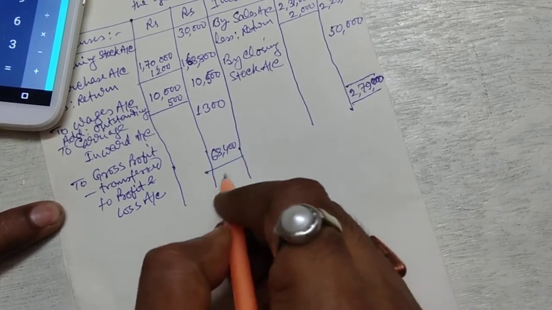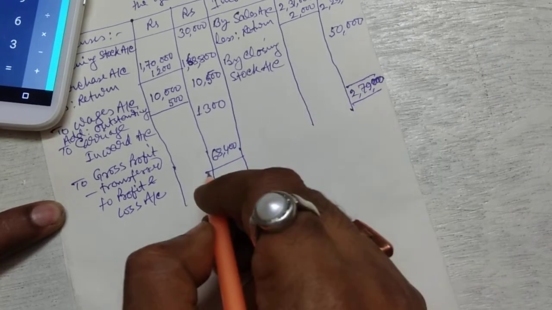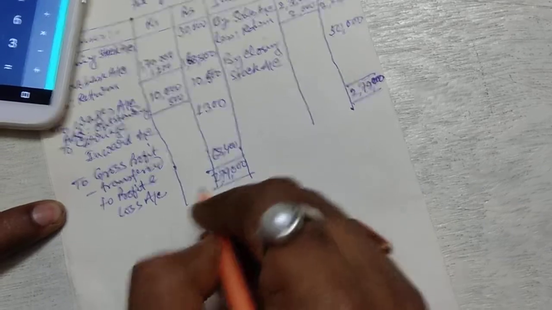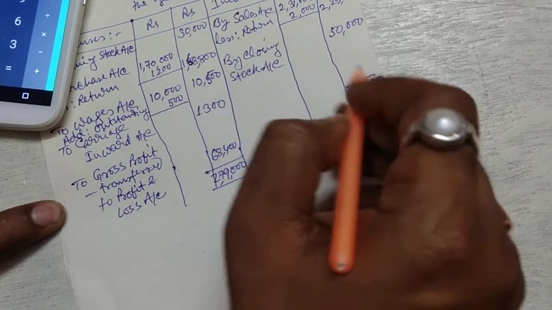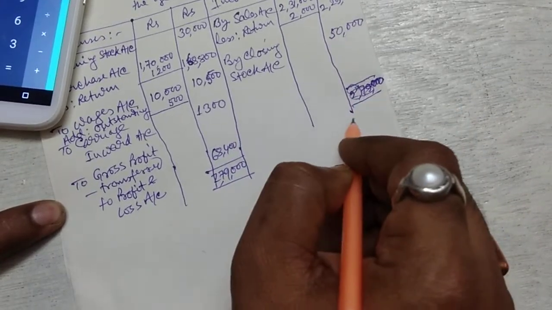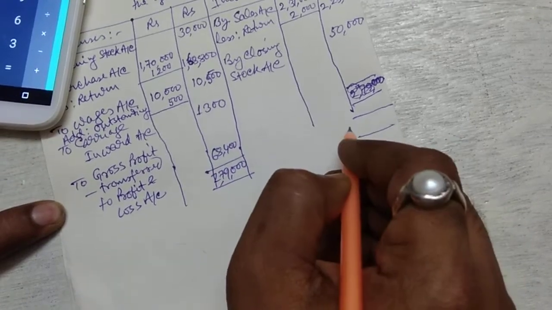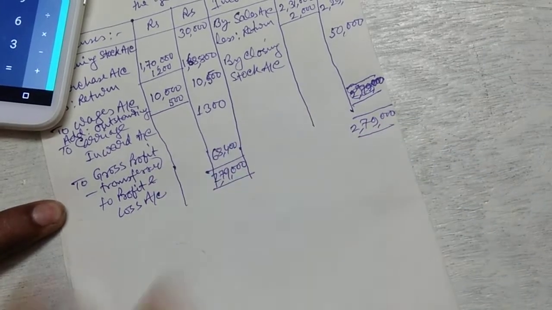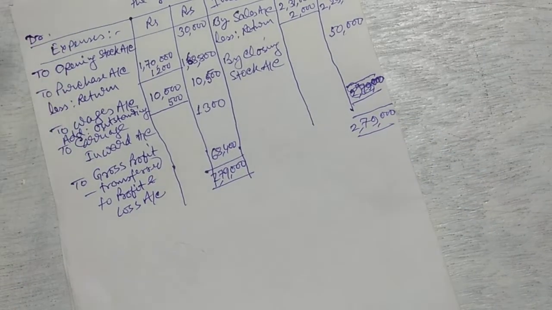And here we should write this figure 2,79,000. We should write these two figures in the same row, 2,79,000. So we have learned how to prepare a trading account.